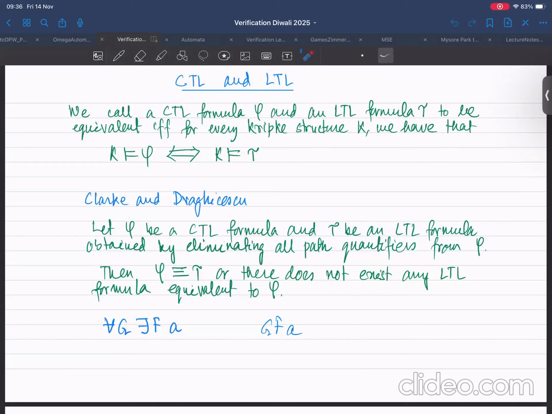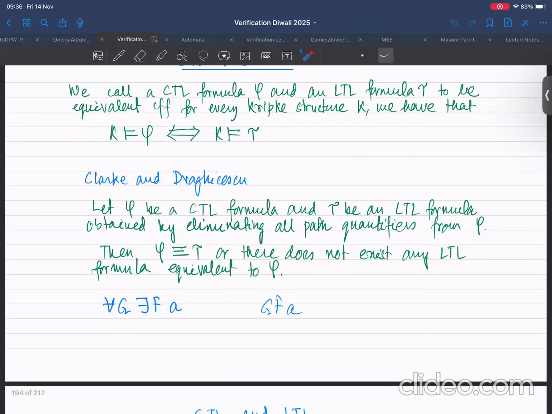Either the CTL formula is equivalent to this LTL formula obtained by removing the path quantifiers, or there doesn't exist any such LTL formula that is equivalent to it.